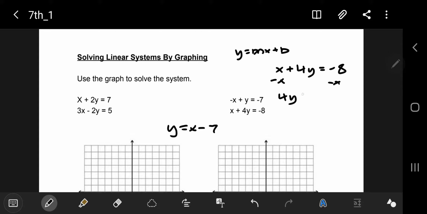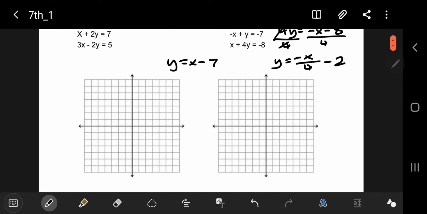Now we have 4y is equal to negative x minus 8. And now we want to isolate the y, so we divide by 4, okay? 4 cancels out. So now we have y is equal to, we can also write this, negative x over 4 minus 2, all right?